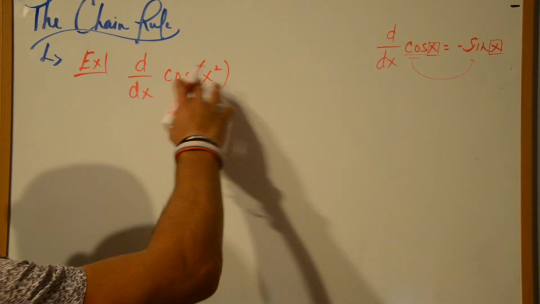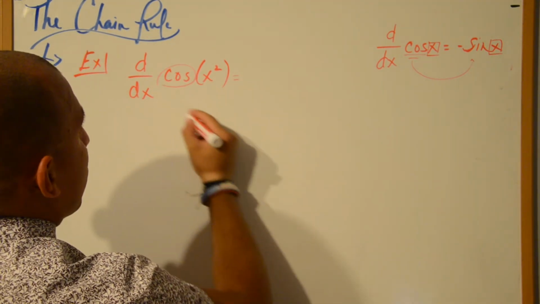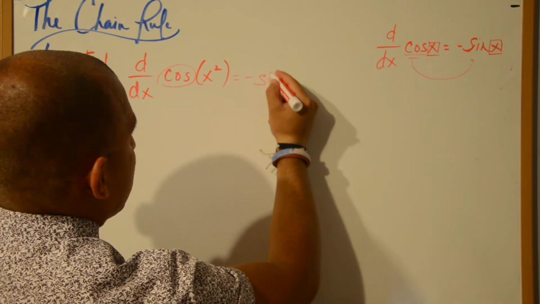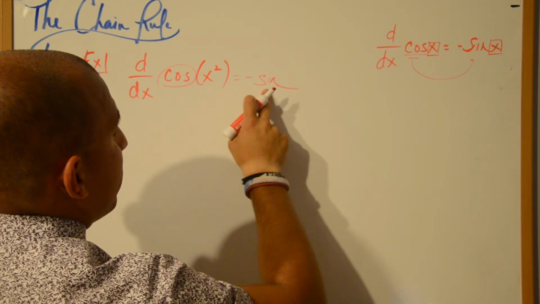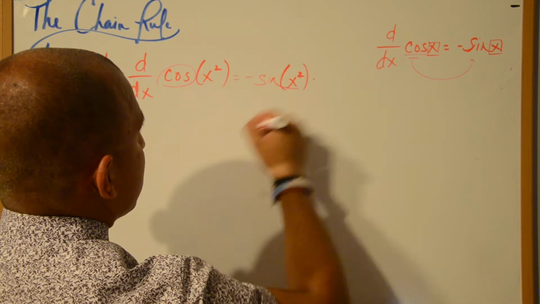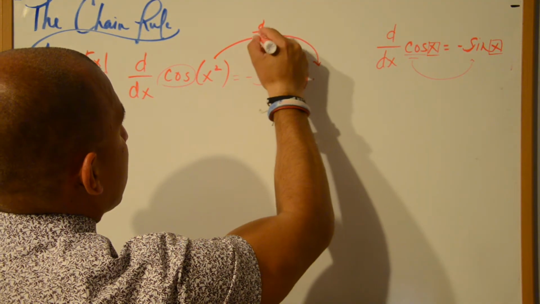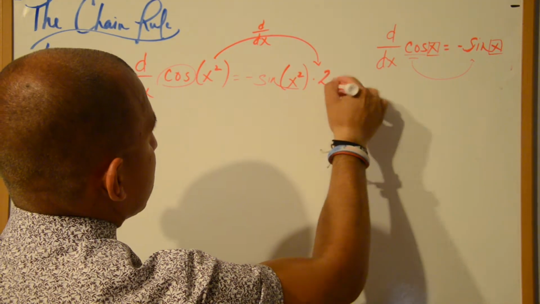But notice here, we have the derivative of cosine of x squared. With this being our outer function, we have the derivative of our outer function, still composed with our inner function, times the derivative of the inner function, which is 2x.